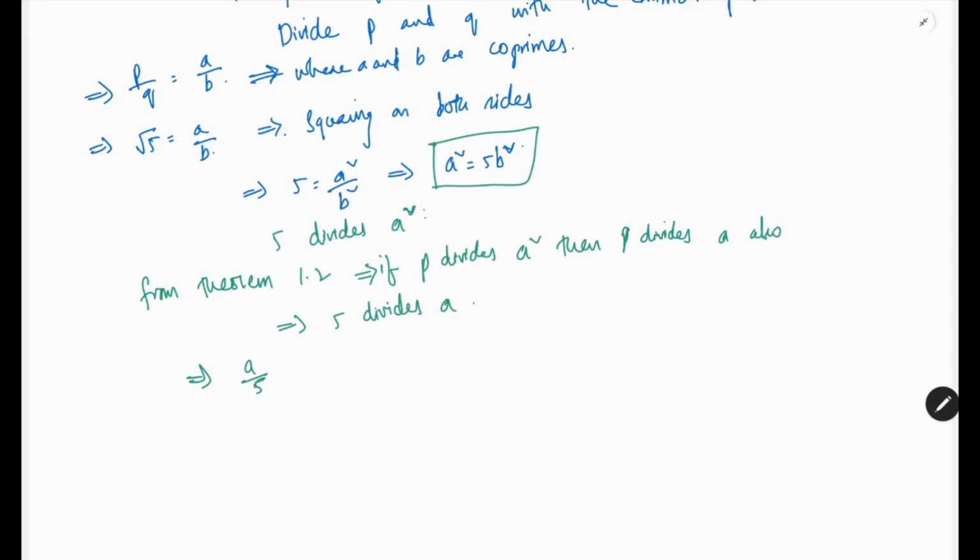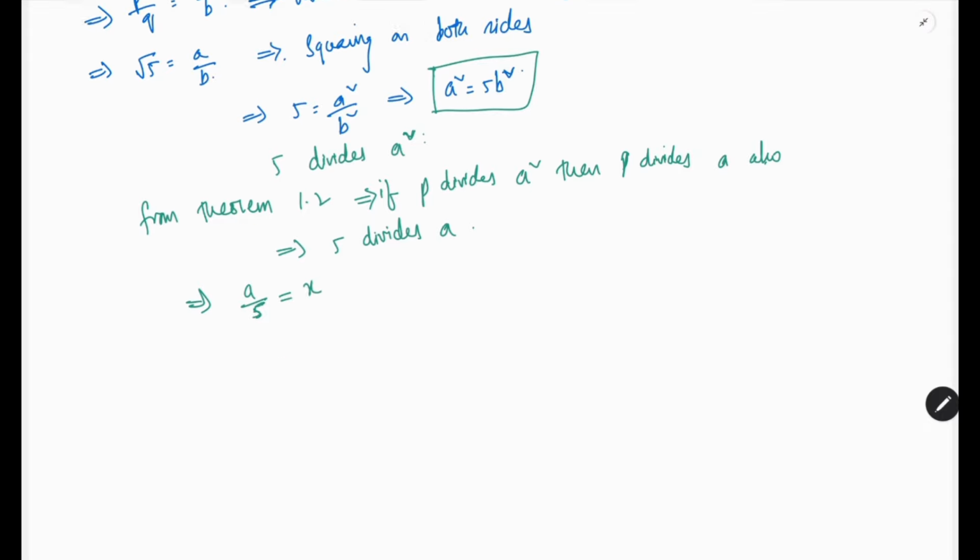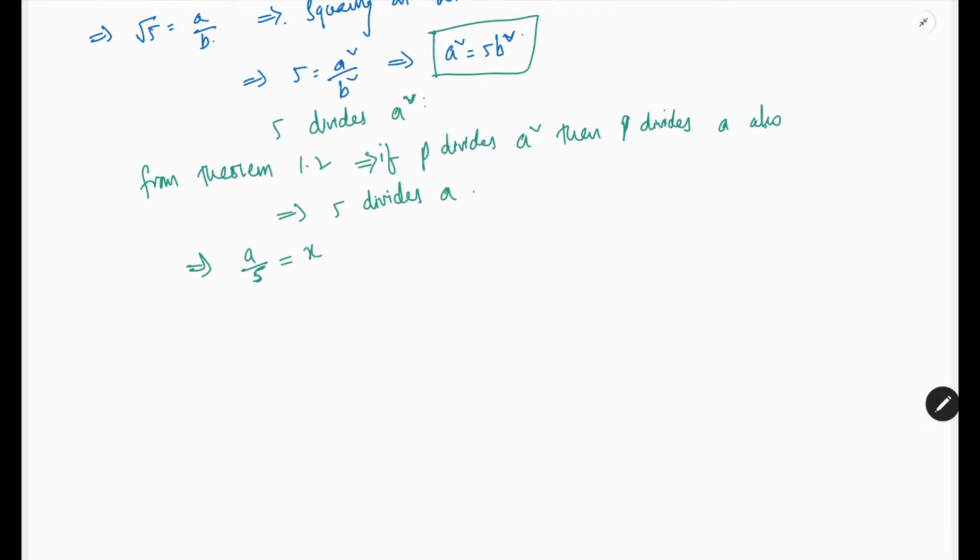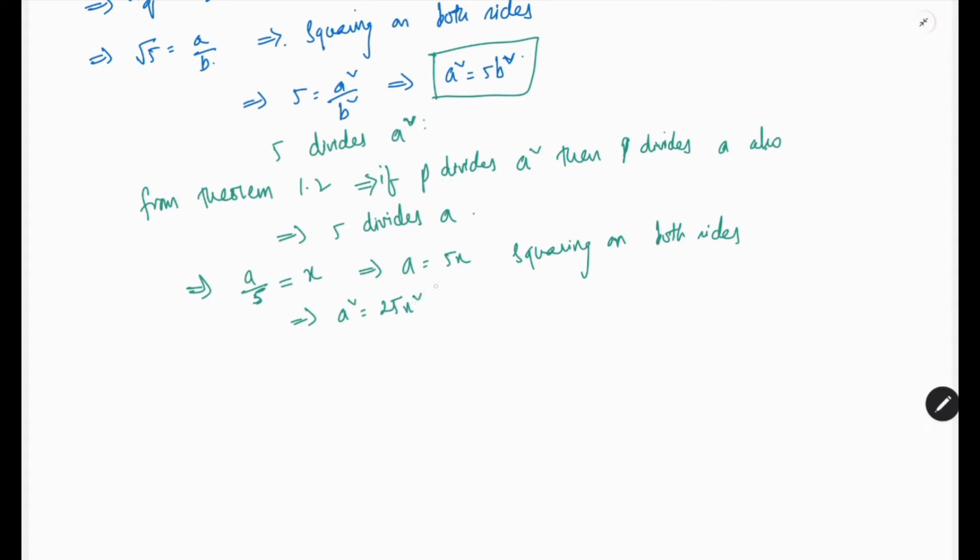Let us assume a by 5 is some number x. So a is equal to 5x. When you do squaring on both sides, you get a square is equal to 25x square.